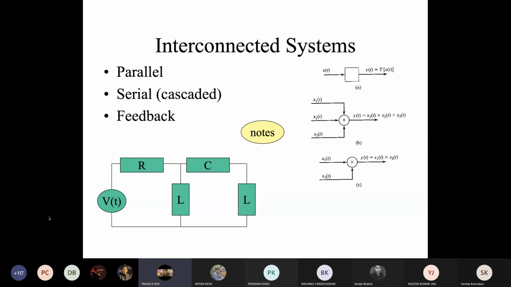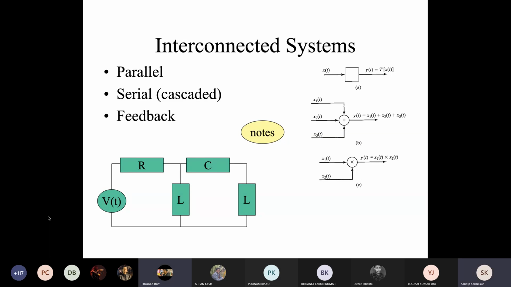Sir, I'm a little confused about the inductor part, sir. How will I factor that in? The L's are feeding back to V(t), which is the input signal. So will there be sums like L1(t) plus L2(t) feeding back into V(t)?